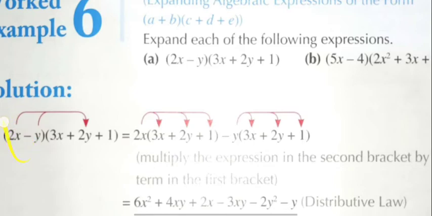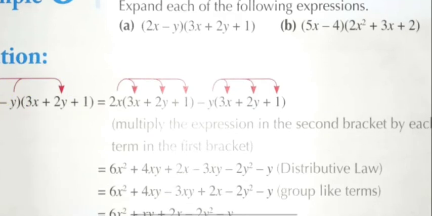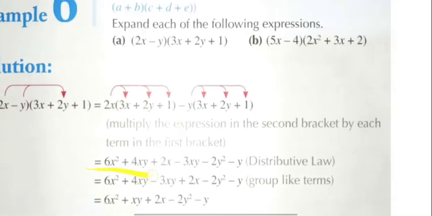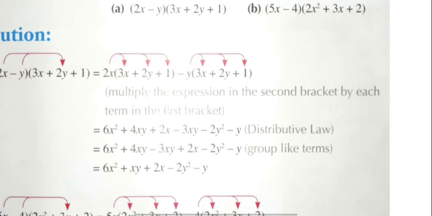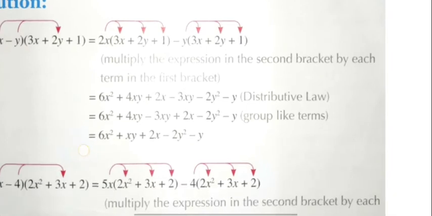You need 2x times in with 3y, and then with 2y, and then with positive 1, and then negative y with 3y, with 2y and with 1. So you'll get 6 answers here, right? And then that will be the end here.